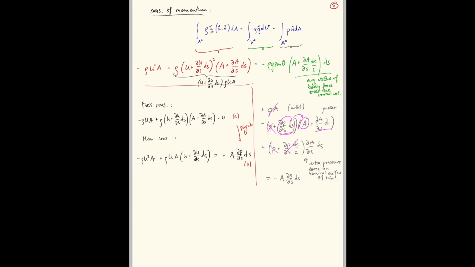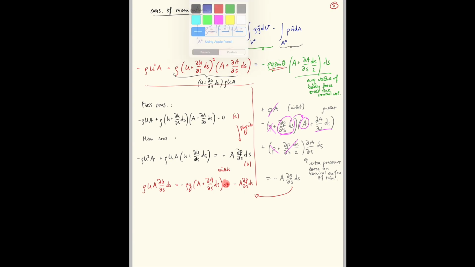and you will find rho ua du ds ds is equal to minus rho g a plus dA ds ds dz, where for dz we've used sine theta ds when we compare it to up here, minus a dp ds ds from over here.